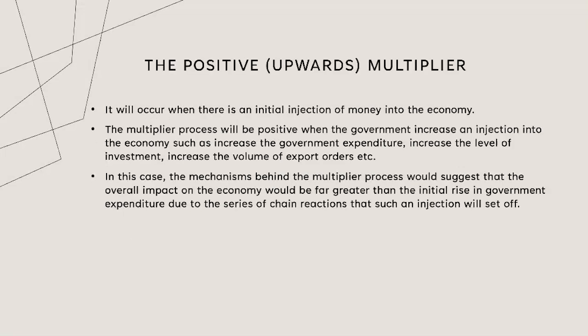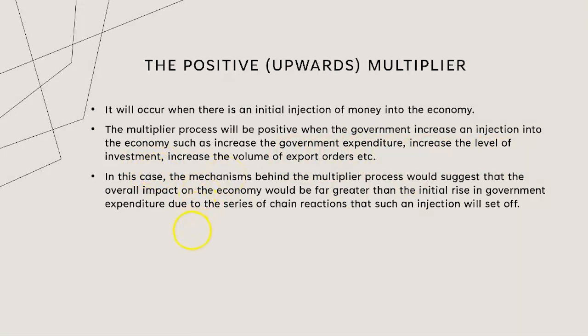One type of the multiplier process is the positive or outwards multiplier. It will occur when there is an initial injection of money into the economy. So the multiplier process will be positive if the government increases an injection into the economy. For example, they will spend more, increase the level of investment, and increase the volume of export orders.